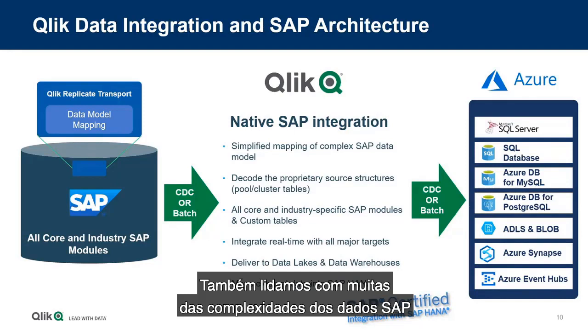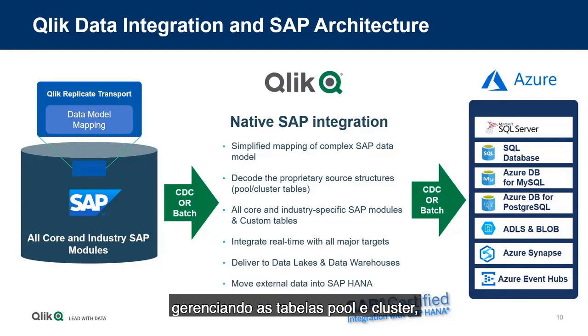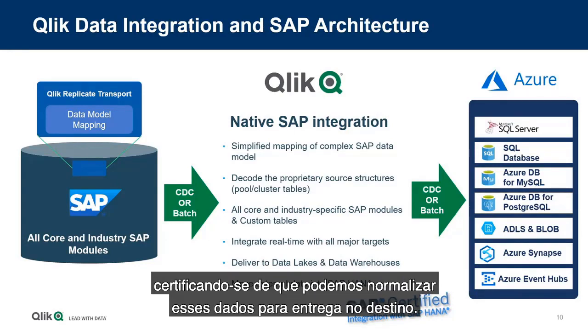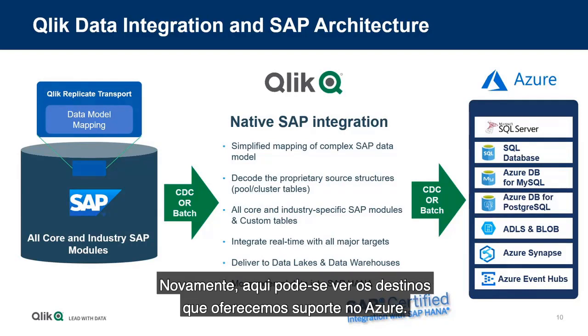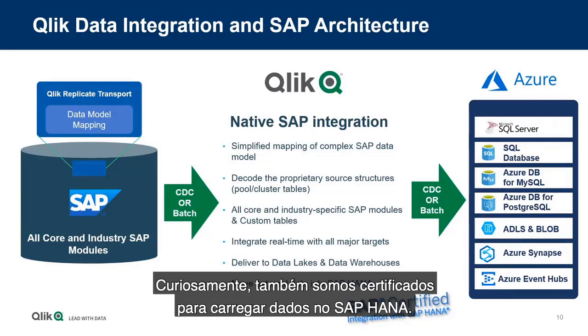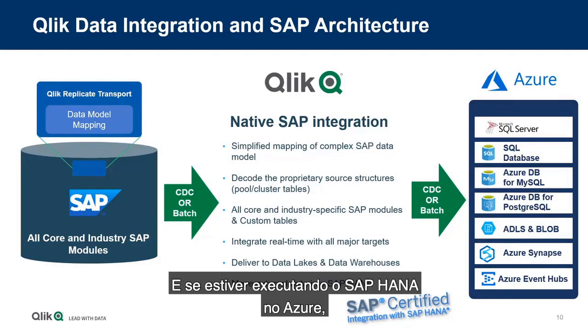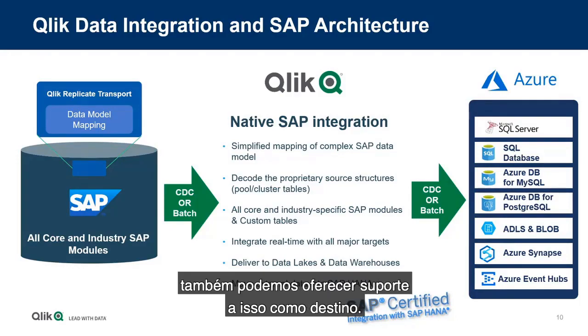We also handle a lot of the complexities of the SAP data, managing the pool and cluster tables, making sure that we can normalize that data for delivery into the target. Again, here you see the targets that we support on Azure. Interestingly enough, we're also certified for loading data into SAP HANA, and should you be running SAP HANA in Azure, we can support that as a target as well.